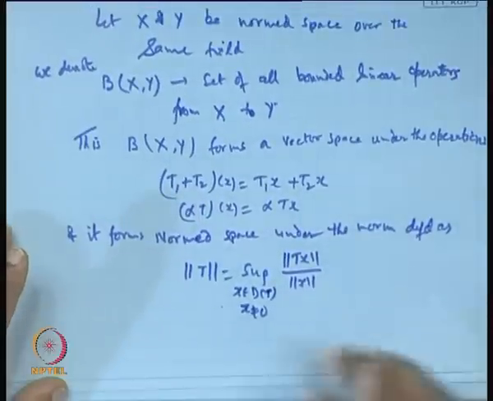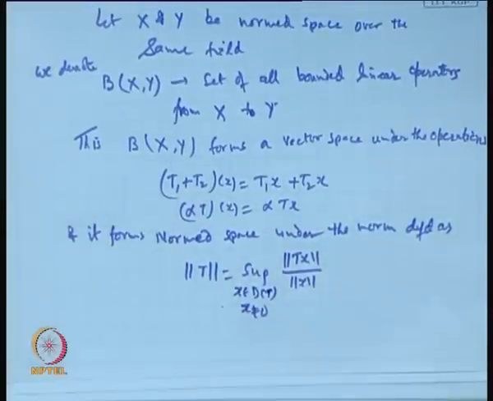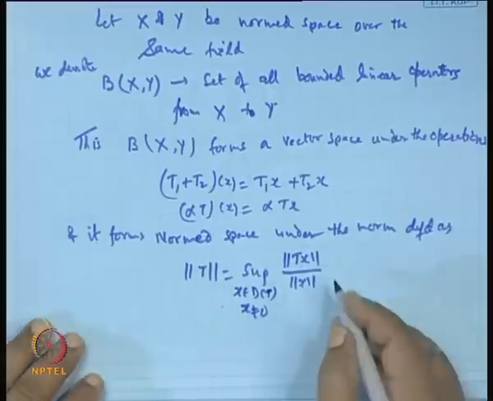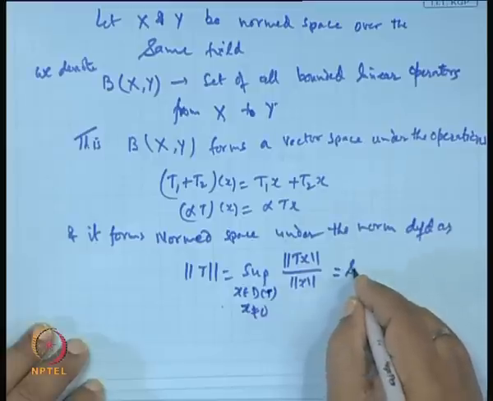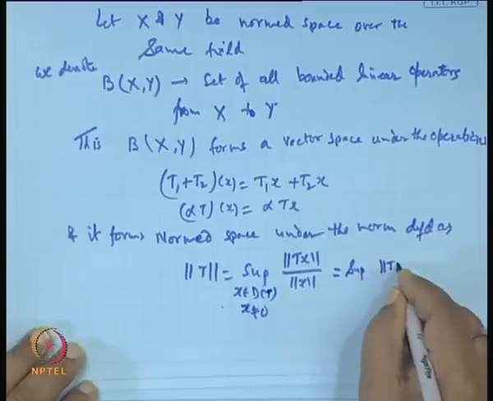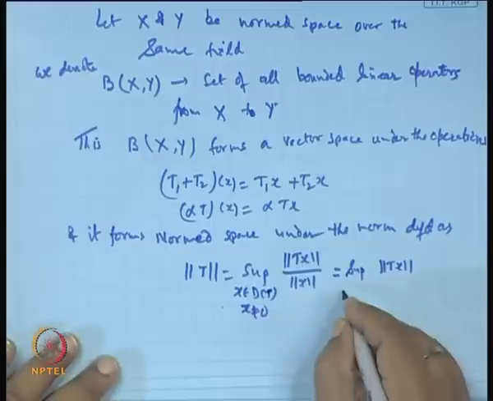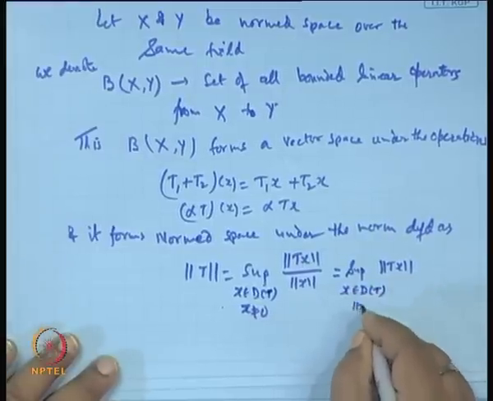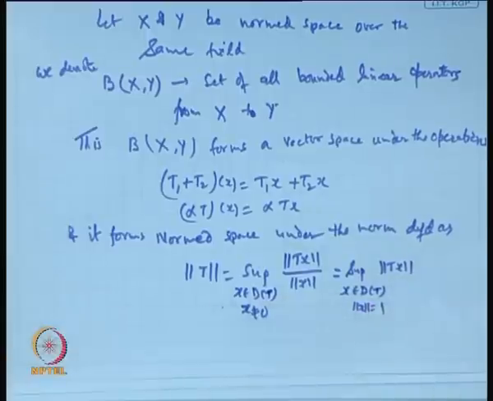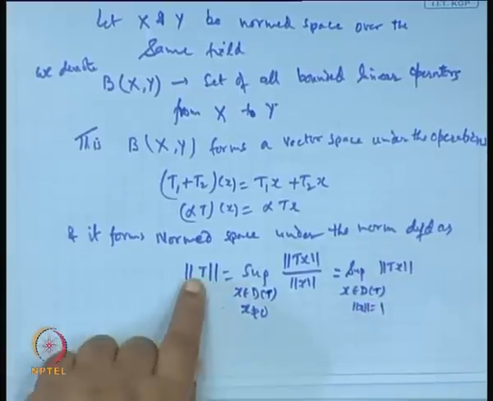Under this norm, we can prove this is a norm. Clear? If you remember, this is also equivalent to the supremum of norm Tx where x belongs to D(T) and norm of x is 1. Both are equivalent definitions.